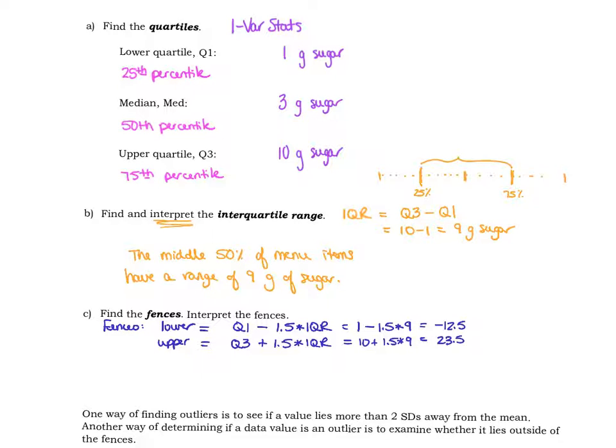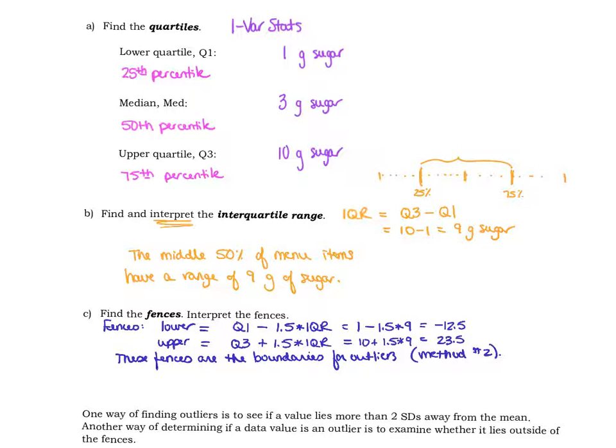Those fences are the boundaries for outliers. So this is like method number 2. We've got the 2 standard deviations, and now we have this one.